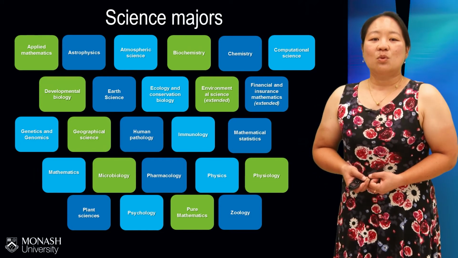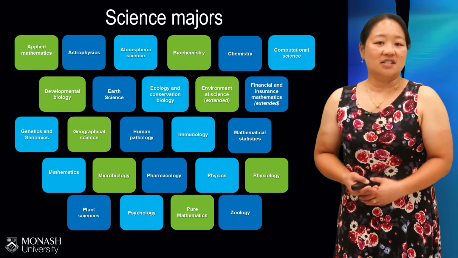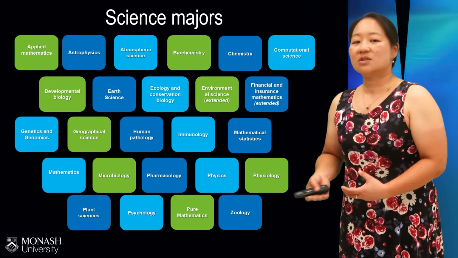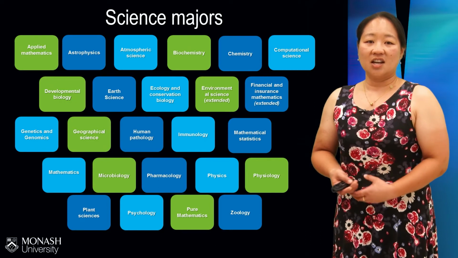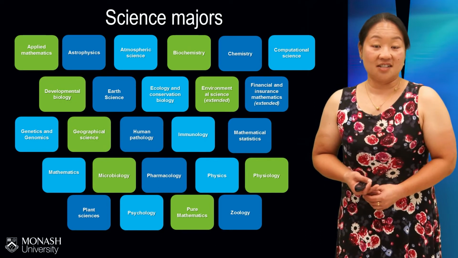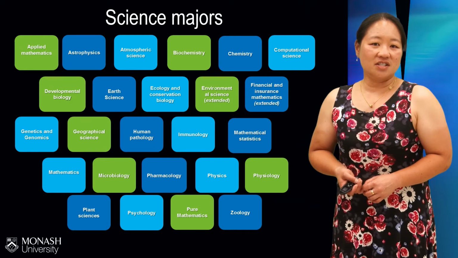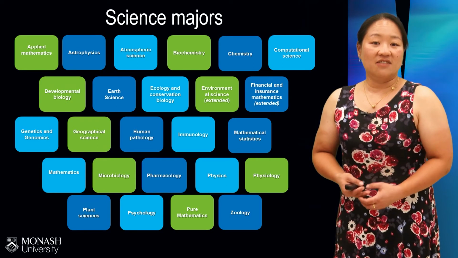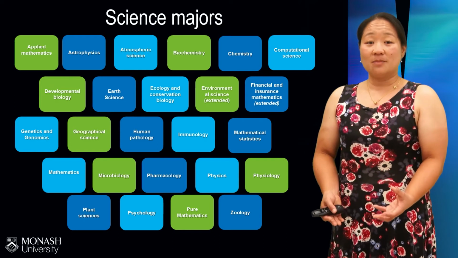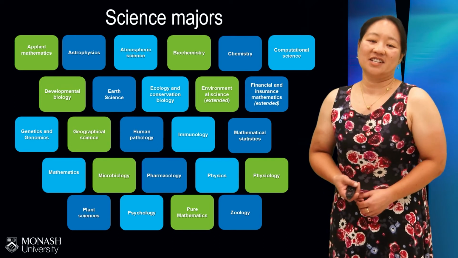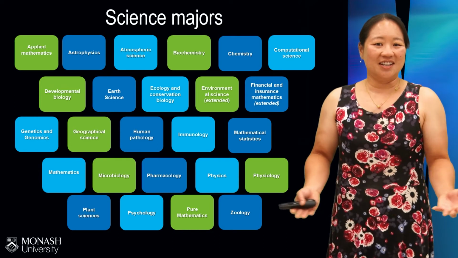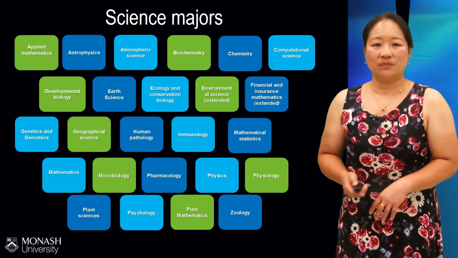For example, we offer majors in diverse areas like earth science, environmental science, human pathology, and developmental biology, just to name a few. We have often heard of students who have tried units in fields that they would not normally have considered and have loved it so much that they've made a career out of it. And this is an opportunity that's now available to you.